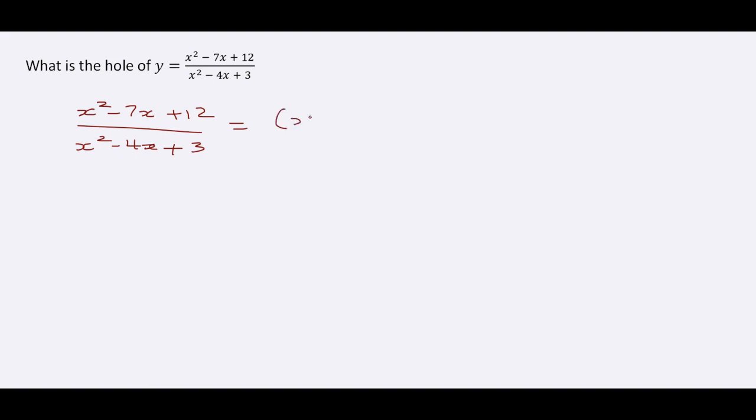So we have x minus 4 times x minus 3 divided by, in this case, x minus 1 times x minus 3.